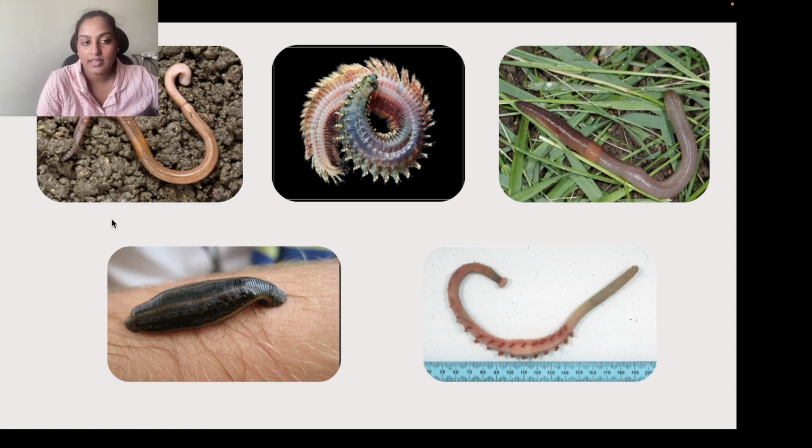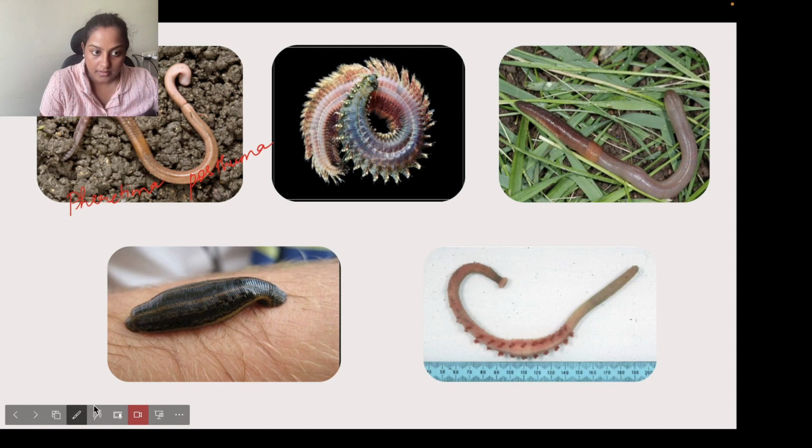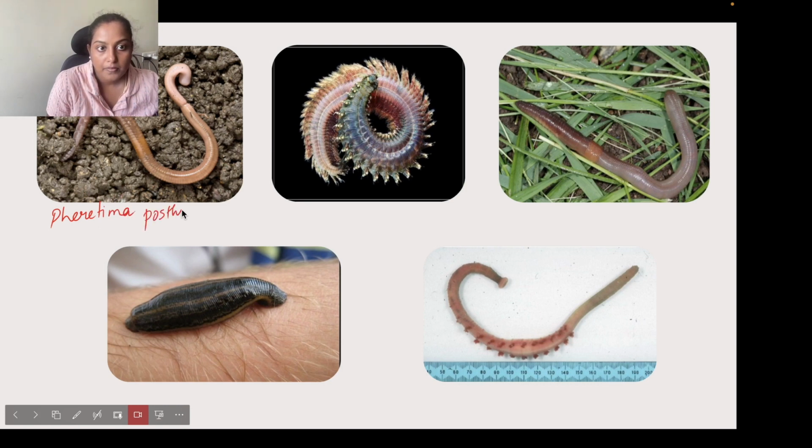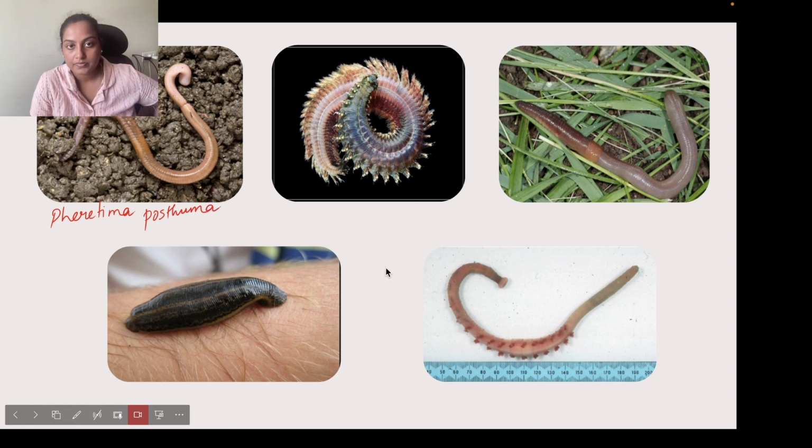Of course, the earthworm. So the scientific name, if you see, is Pheretima posthuma. So I think I can write it down so that you can see it. Pheretima posthuma, which is nothing but the earthworm.